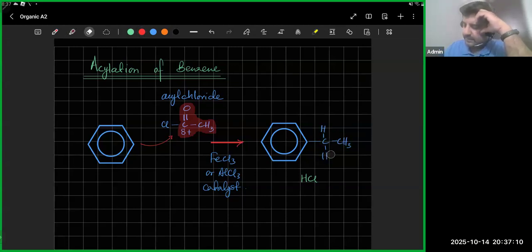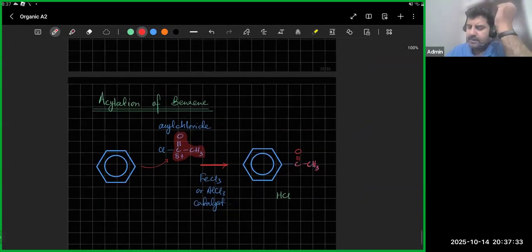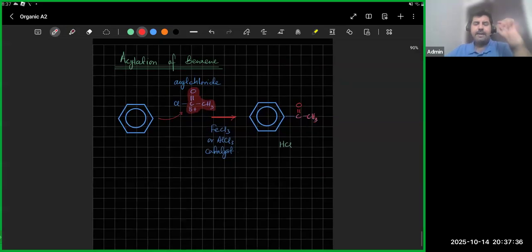So it's just going to be C double bond O and Cl that's going to get attached. That's it. And you have FeCl3 or AlCl3 catalyst, which is exactly the same. So these are your last two electrophilic substitution reactions.